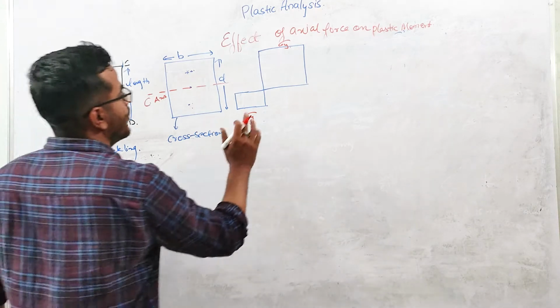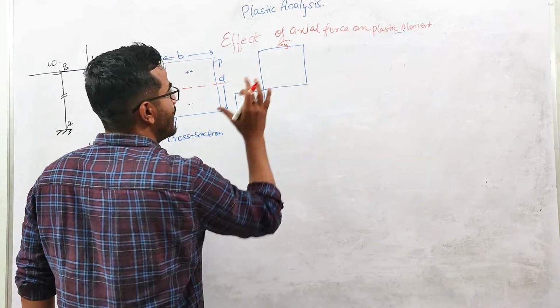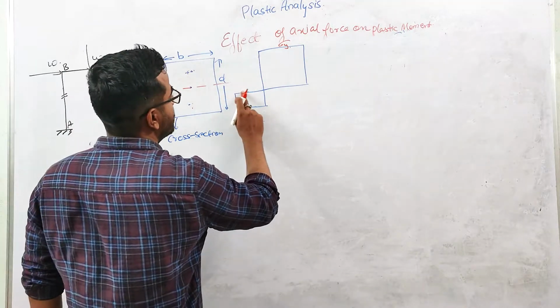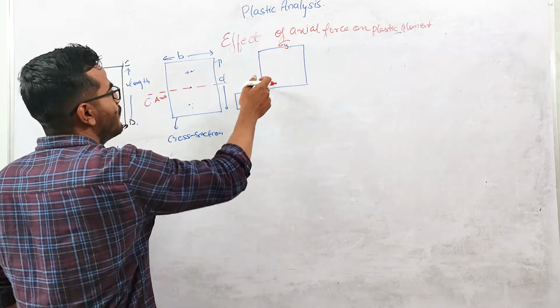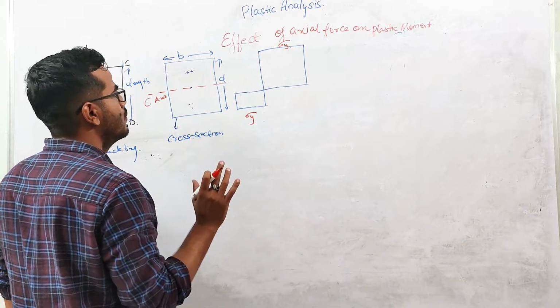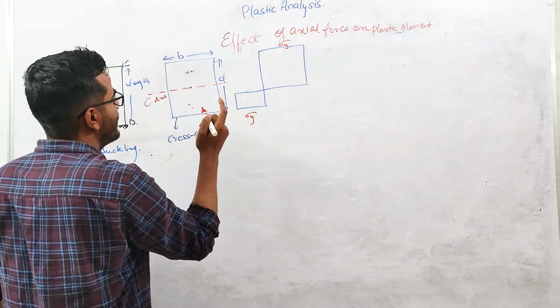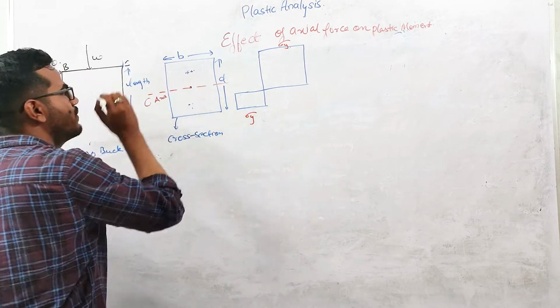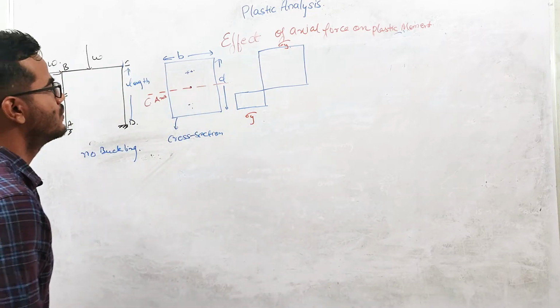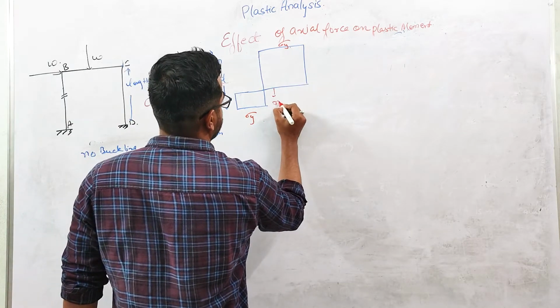And this axis is not neutral axis, because there should be a net resultant force. If this is an equal area axis, then net force will be 0. But it should not be that case, because there is some axial force acting on this cross section, right? So this is not equal area axis.